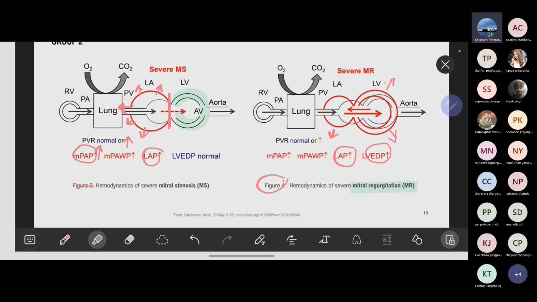If LV dilatation is present in a patient with mitral stenosis, that means the patient may have another etiology, such as coronary artery disease, or MS with MR, or MS with AR.